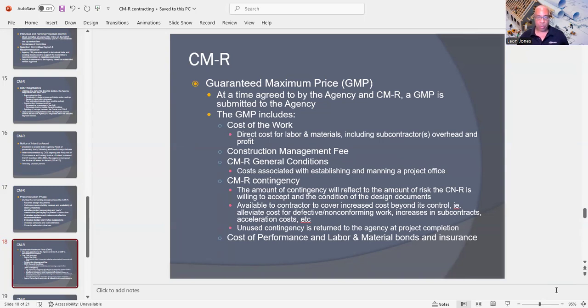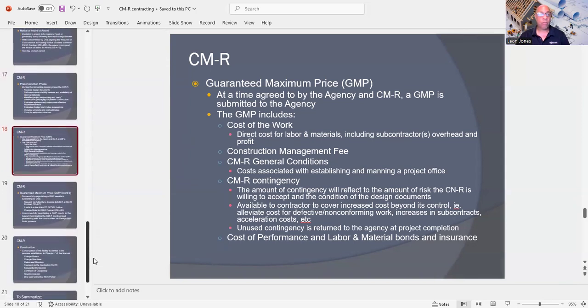Examples are costs for defective and non-conforming work, increases in subcontracts, and acceleration costs. And then any unused contingency is returned to the agency at project completion. And also, you must understand the cost of performance and labor and material bonds and insurance is also going to be included. Again, construction is a very risky business.